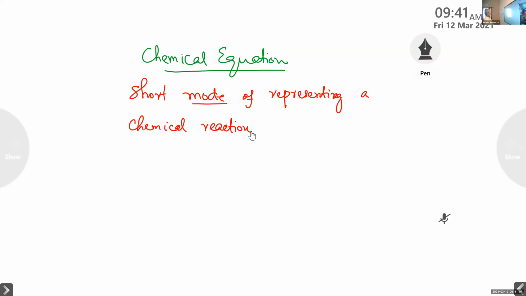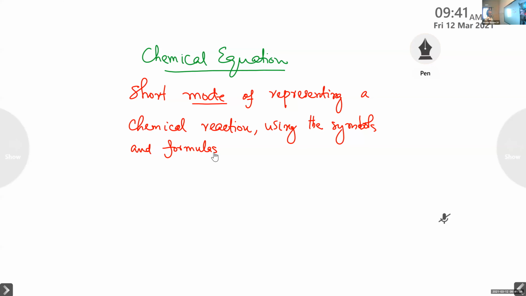And what is the short way to represent the reaction? Chemical reaction, comma, using the symbols, S-Y-M-B-O-L-S, the symbols and formulas or formulae. Formulas or formulae, plural.